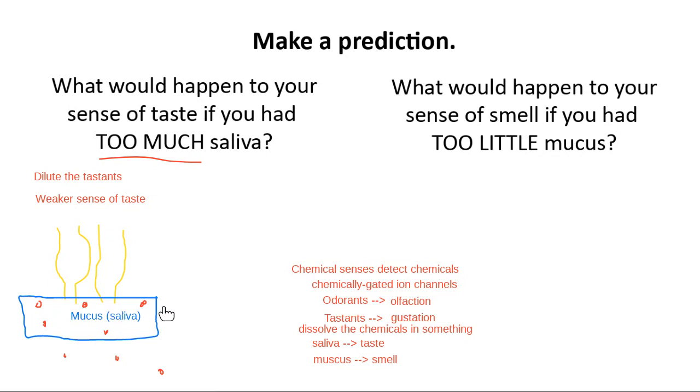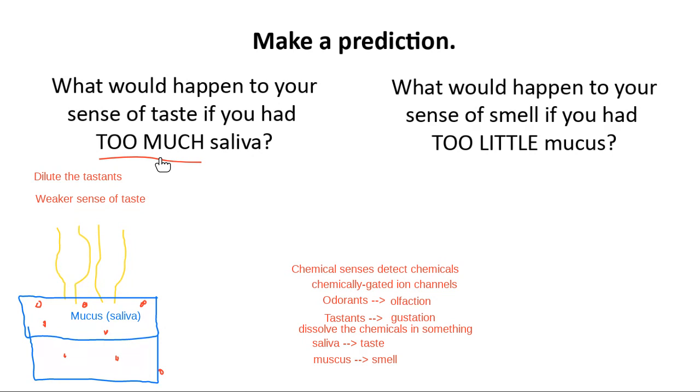If instead of having a nice normal level of mucus or saliva, if instead we had this much, suddenly anything that comes from the environment here has to travel twice as far to get to those cells that detect it. So if I have too much saliva, if we have what's called hypersalivation, which actually, ooh, here's a correlation to make. That's actually something that can happen with sarin gas.